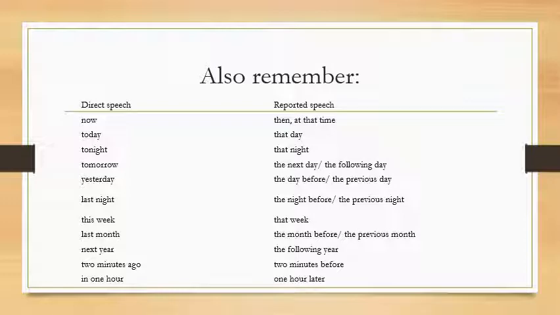Tomorrow becomes the next day or the following day. Yesterday becomes the day before or the previous day. Last night becomes the night before or the previous night. This week becomes that week. Last month becomes the month before or the previous month. Next year becomes the following year. 2 minutes ago becomes 2 minutes before. In 1 hour becomes 1 hour later.